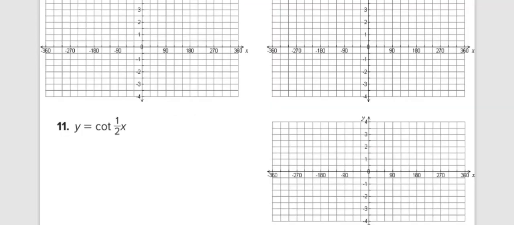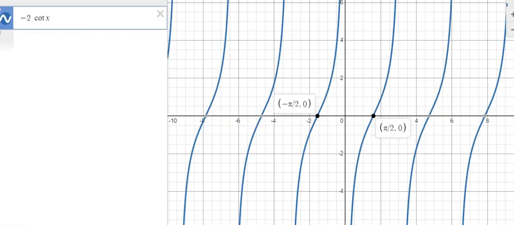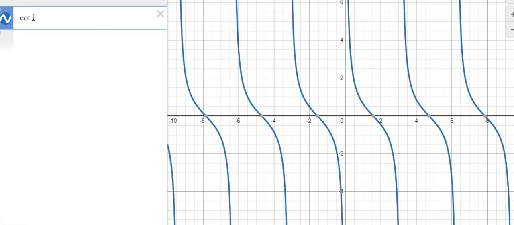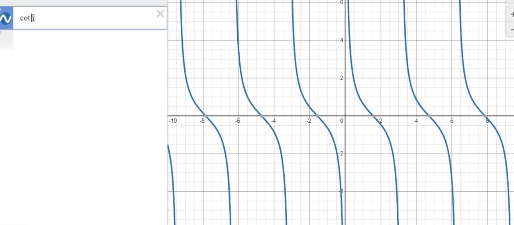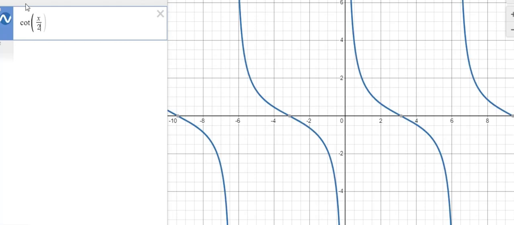Here, if I show you cot half x, I will write in brackets 1 over, you can say x over 2, x divided by 2.